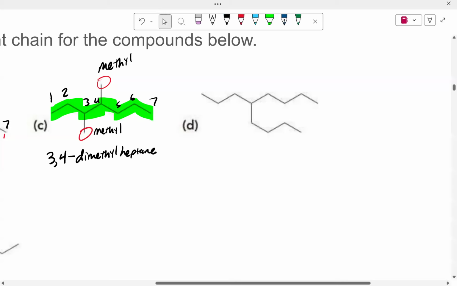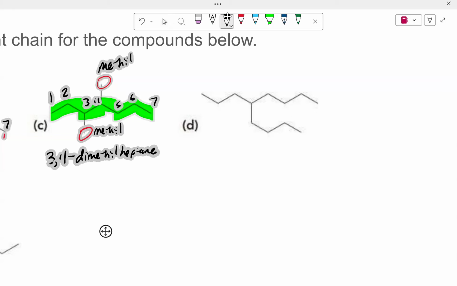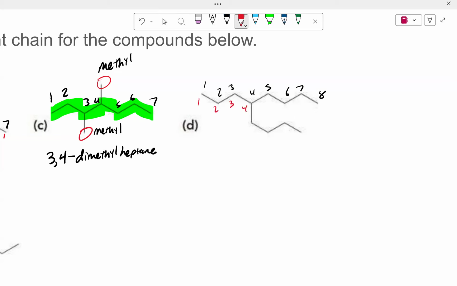Now with D, again, I want to find my longest chain of carbons. If I count this way, 1, 2, 3, 4, 5, 6, 7, 8. If I went the other way, 1, 2, 3, 4, 5, 6, 7, 8. What if I did this? 1, 2, 3, 4, 5, 6, 7, 8, 9.